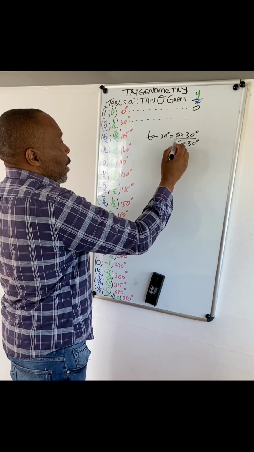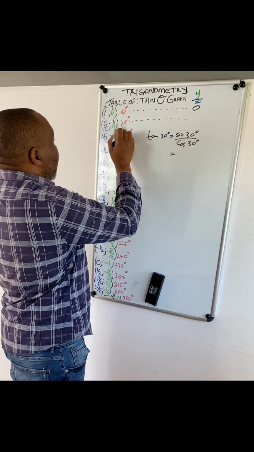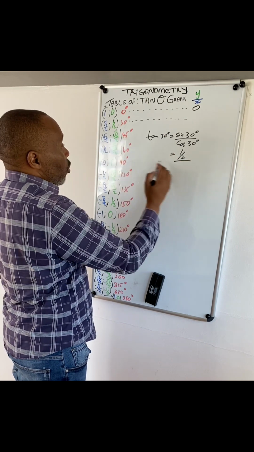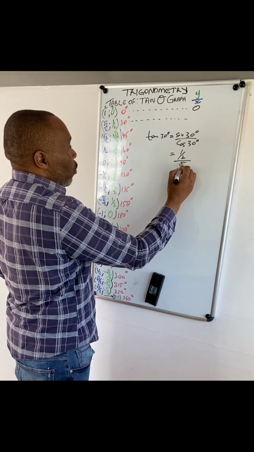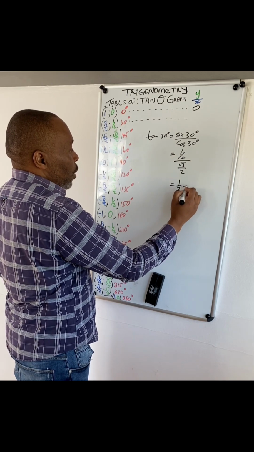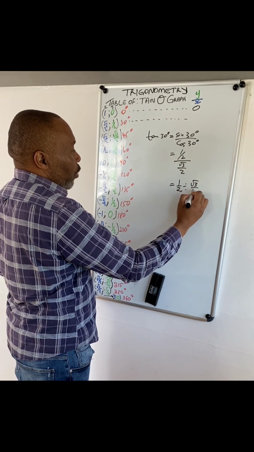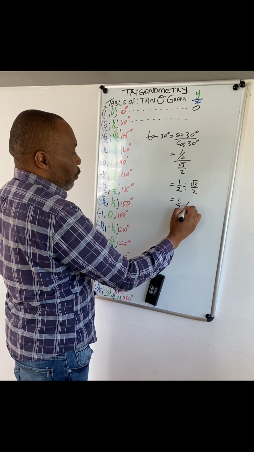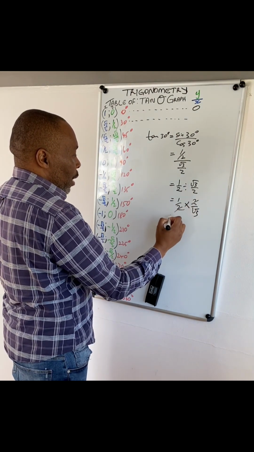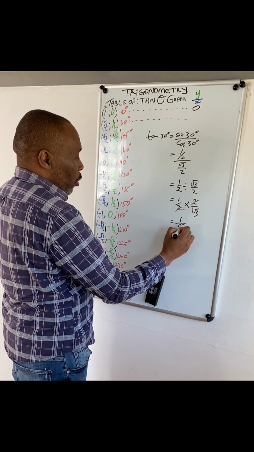Sine 30 is half, over the cos of 30 degrees, which is root 3 over 2. Half divided by root 3 over 2 is equal to half multiplied by 2 over root 3. And we cancel and we are left with 1 over root 3.